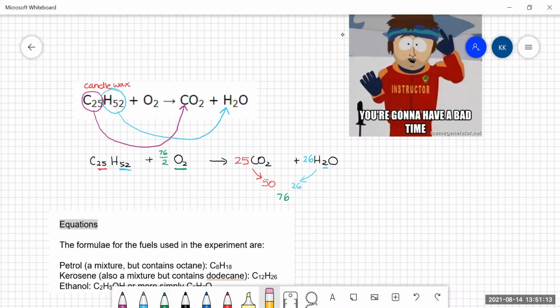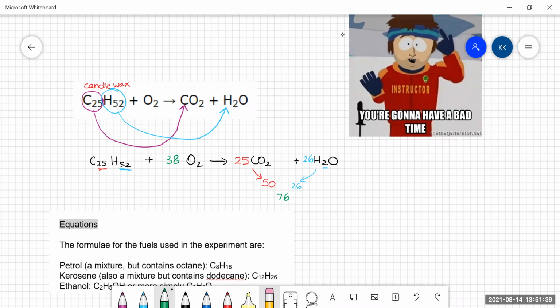Or, of course, you can simply just go 38. And now my equation is balanced. And that would have taken quite significant effort in the elements inventory of running back and forth between sides. So I find that method easier.